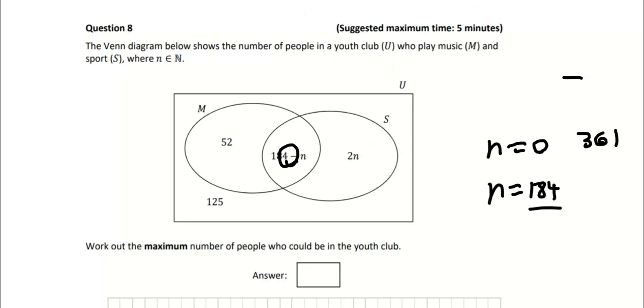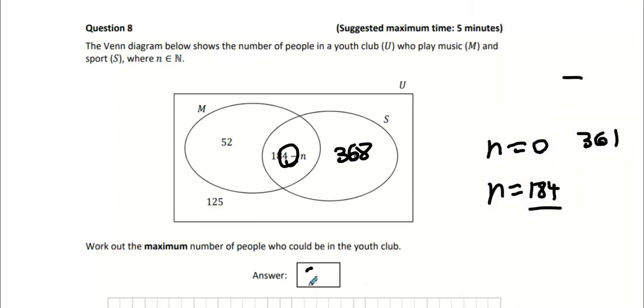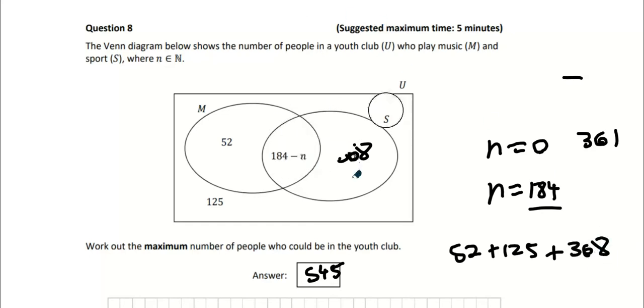That's 2 times 184, which is 368. So that's where my error was made. Sorry, guys. So let's try this again. Not 372, but 368. So 545, lads. You got that by adding 52 plus 125 plus 368. Okay, so that's that one done.